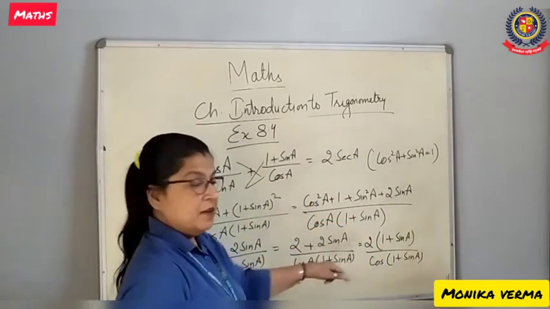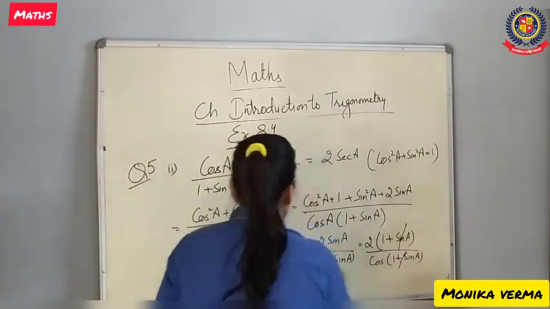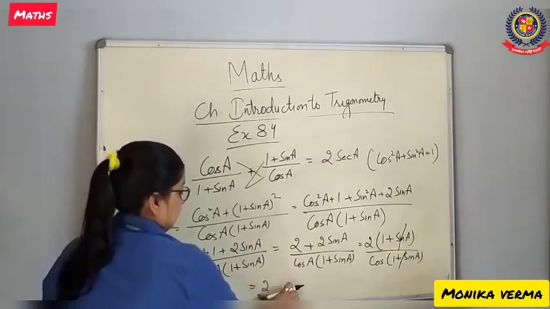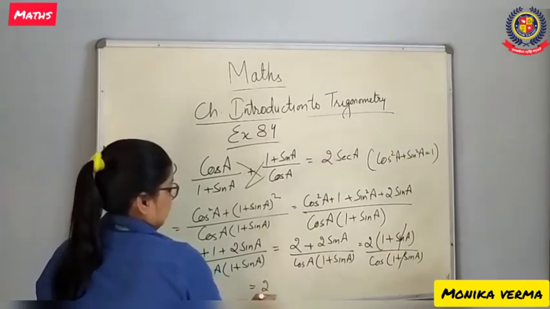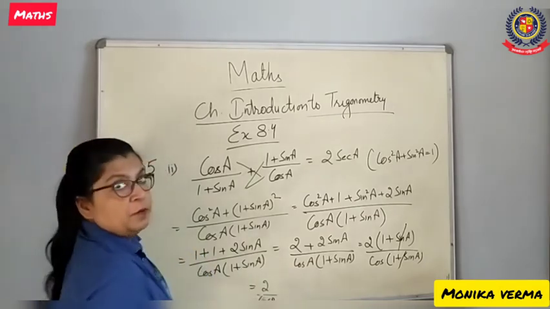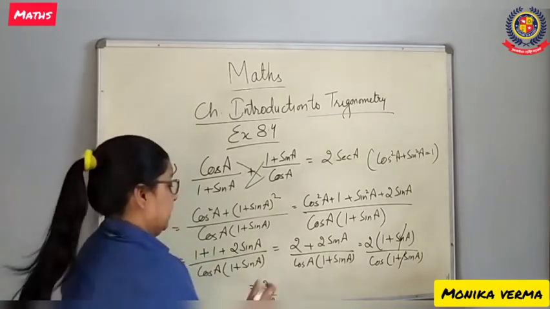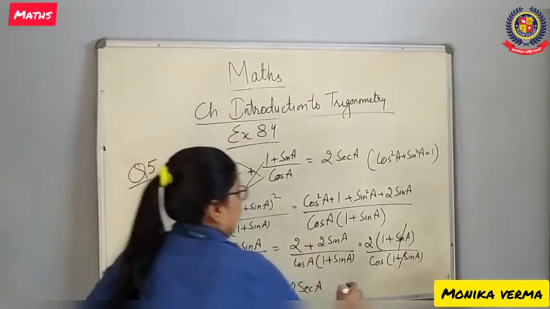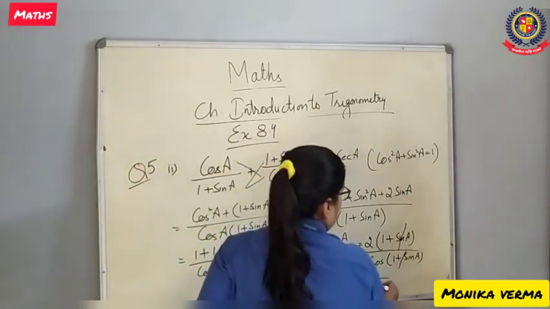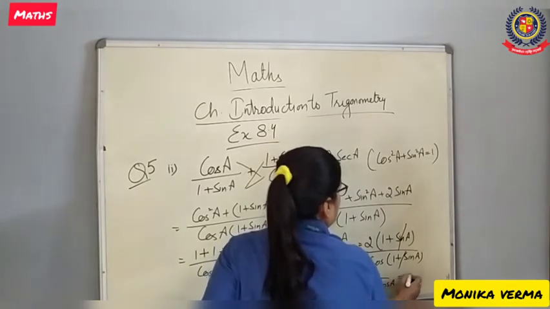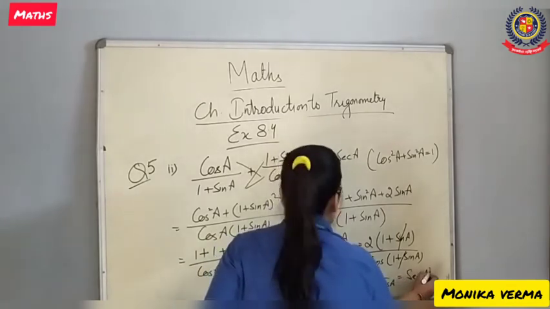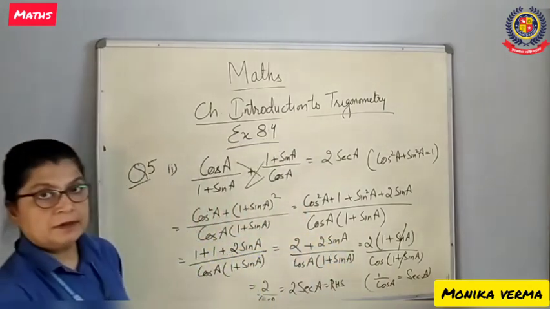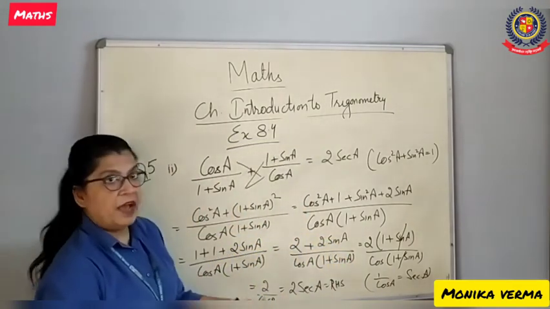We can cancel 1 plus sin A. So what did we get now? 2 upon cos A. And 1 upon cos A is equal to sec A, so 2 sec A, which is equal to RHS. Am I clear about what we have done?